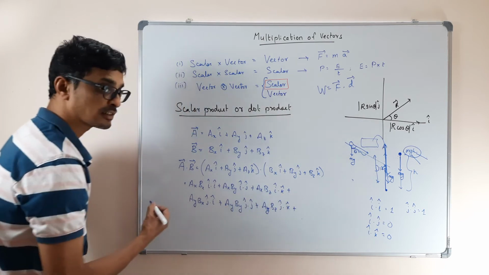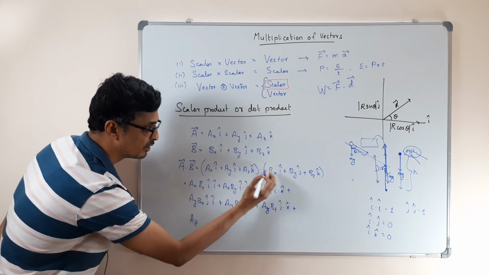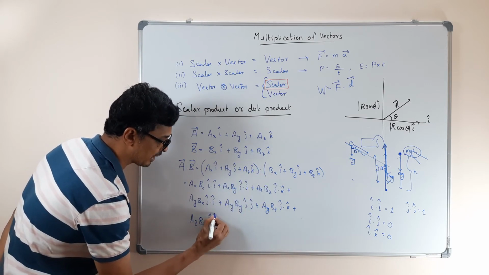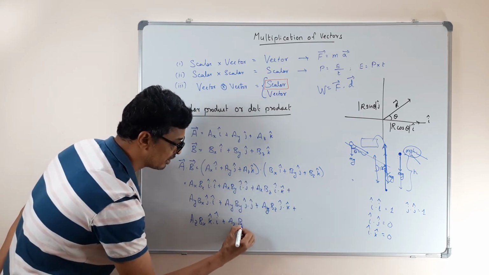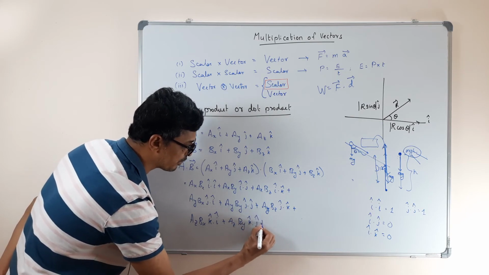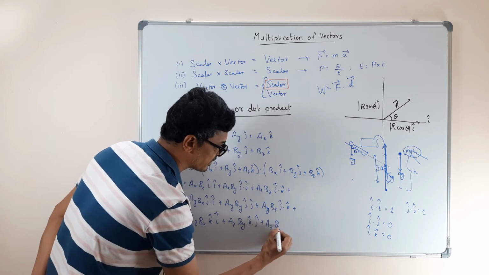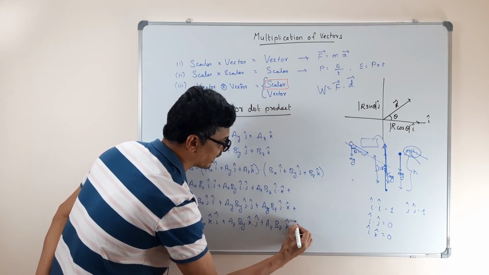Let us take the last component. Az Bx, k cap dot i cap, plus Az By, k cap dot j cap, plus Az Bz, that is k cap dot k cap.